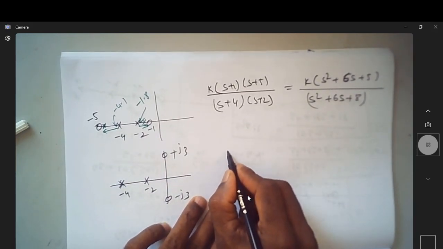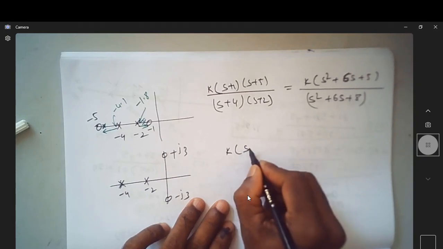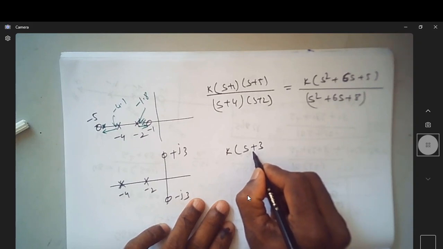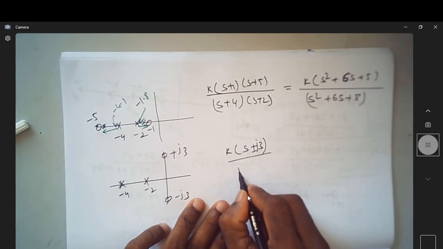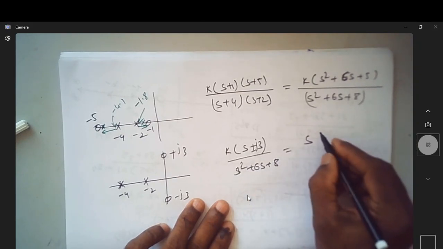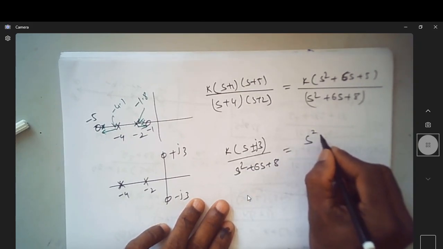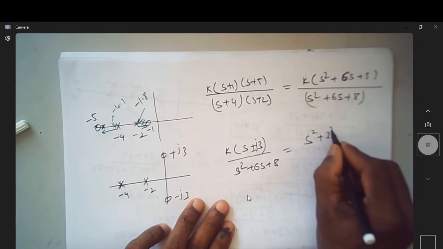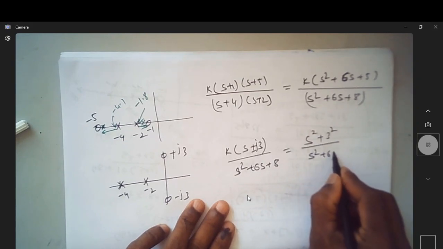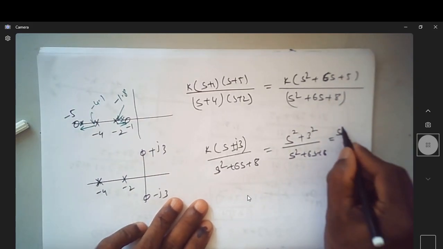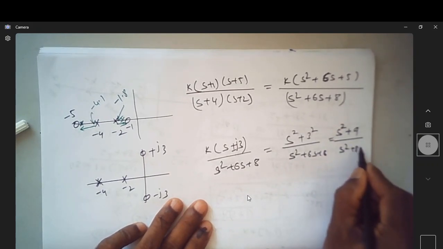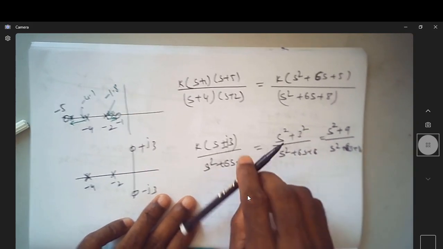So this becomes k times s plus or minus j3, over s square plus 6s plus 8, which is nothing but s square plus 3 square. So the numerator will be s square plus 9, whereas the denominator is s square plus 6s plus 8.